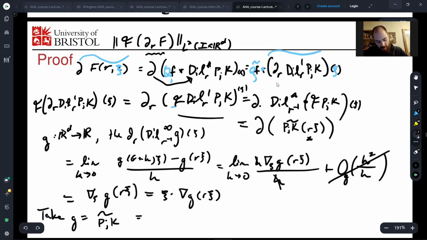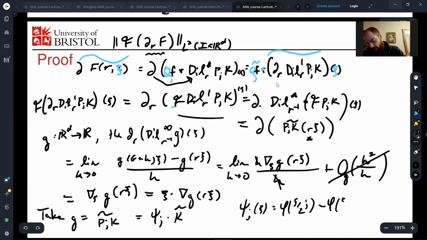Which is itself psi_j times the Fourier transform of k. Remember, psi_j is this: v of xi over 2^j minus v of xi over 2^(j-1).